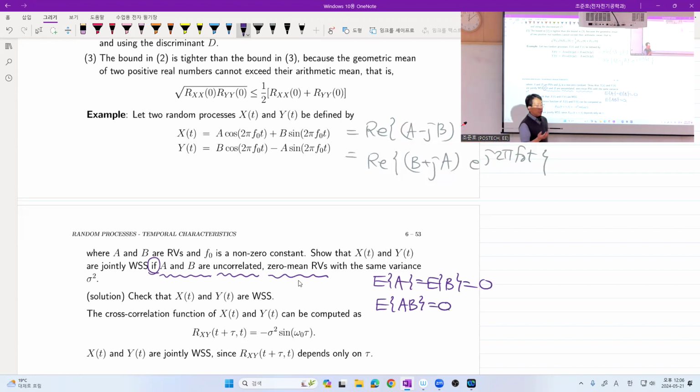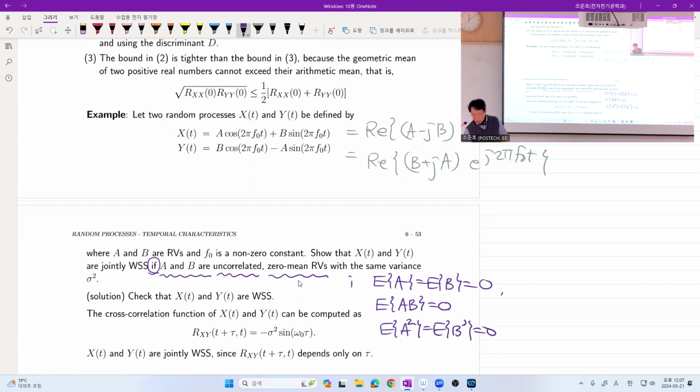So if you multiply x and y, what will happen? All the cross terms will disappear under this assumption. And again, to make matters simpler, we assume the second order moments are the same for A and B.